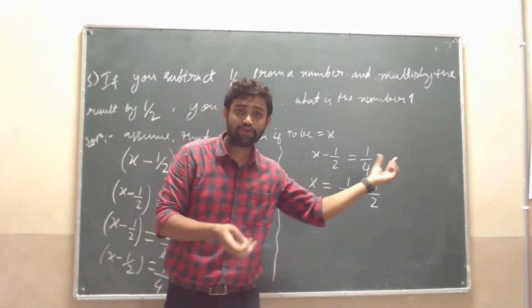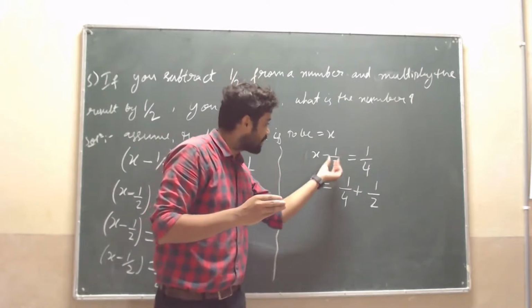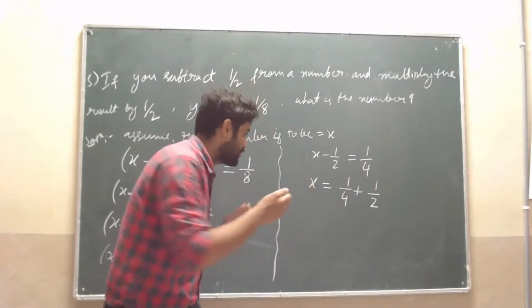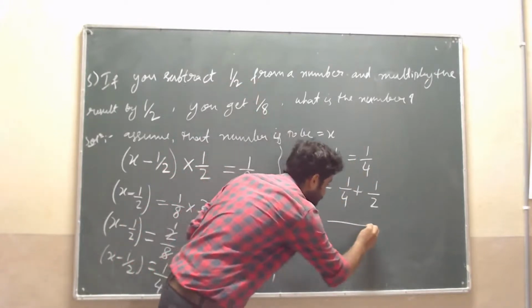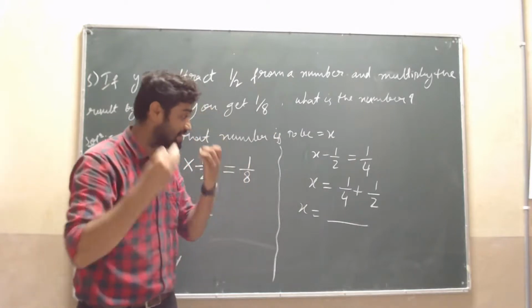Then here it is in subtraction. Subtraction transposes to addition, isn't it? See here, 1/4 plus 1/2. Addition is converted. So the next step we have is to take the LCM. How will we take the LCM? So many methods are there.